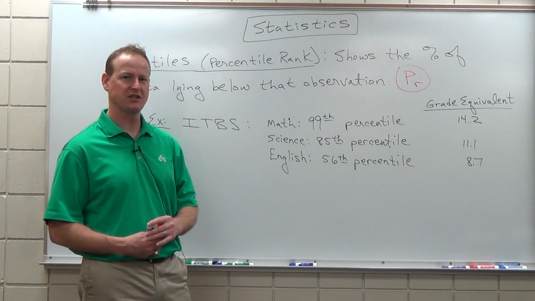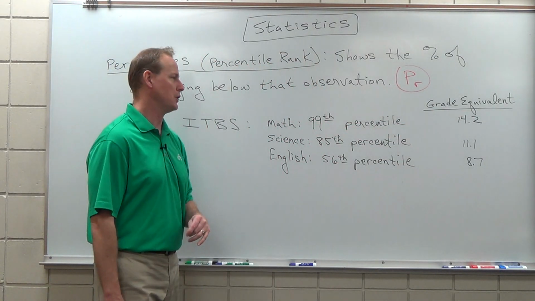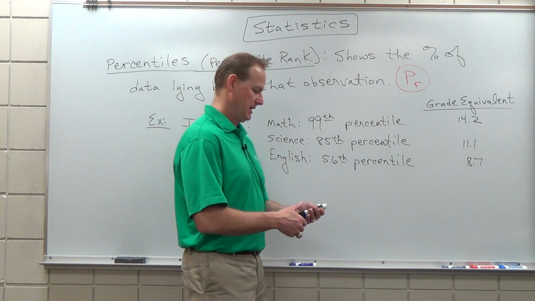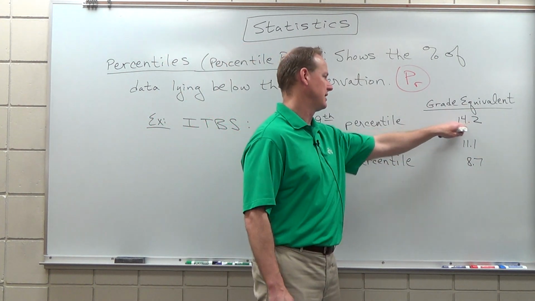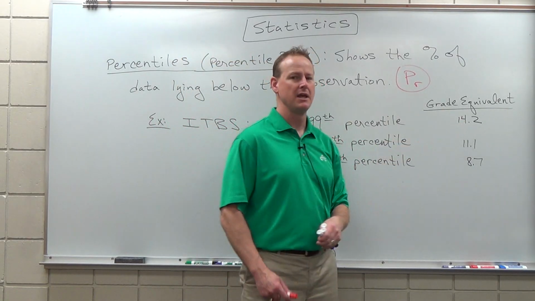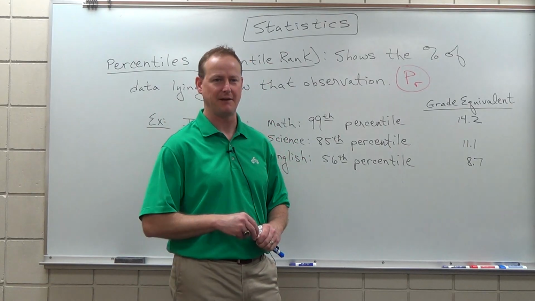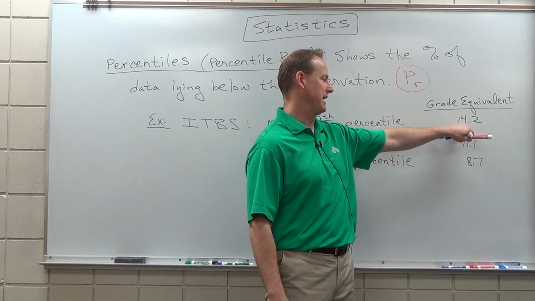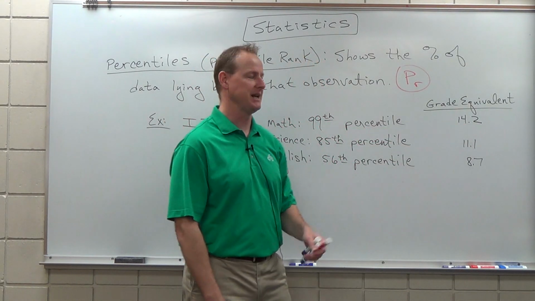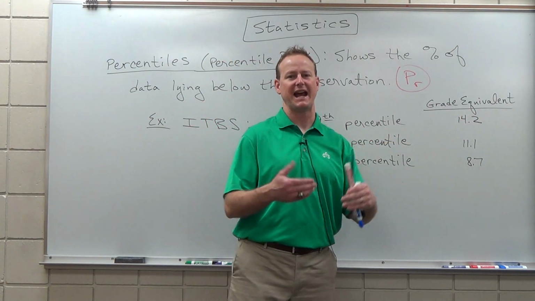So what statisticians have done is they've tried to give a grade equivalent to this as well. The grade equivalent for math for this particular student is 14.2. Well, if you realize that 12 grades means you graduate after 12th grade, then this really means this student would have the math skills measured approximately 2.2 years after graduation.